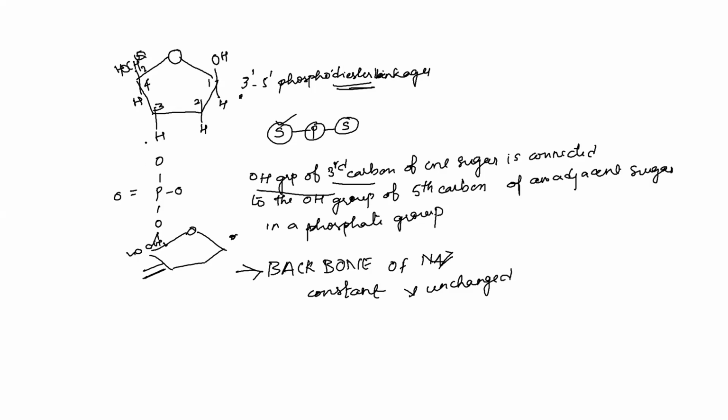So it is going to connect to this part. If you see from here, you'll have again a connection coming from this part, sugar to the phosphate group. So the two sugars are connected by whom? By the phosphate group, right? That is why it is called a diester. There are two ester linkages occurring here. So this is the backbone of nucleic acid, right?